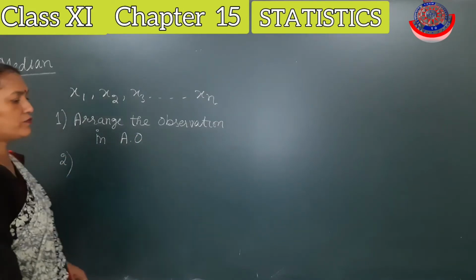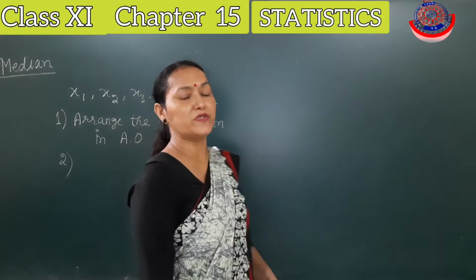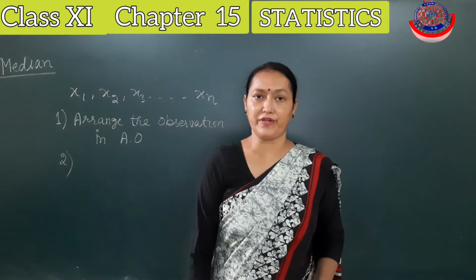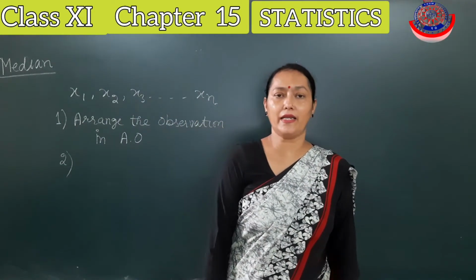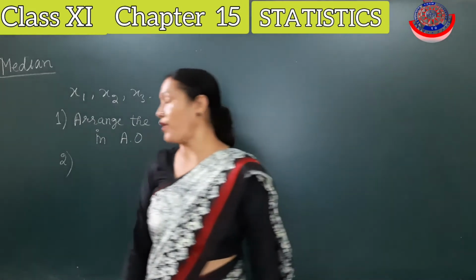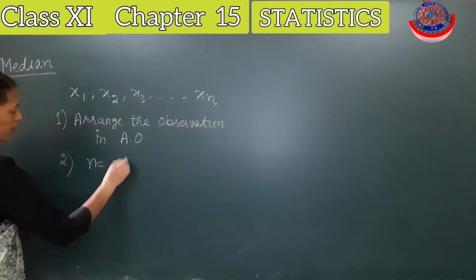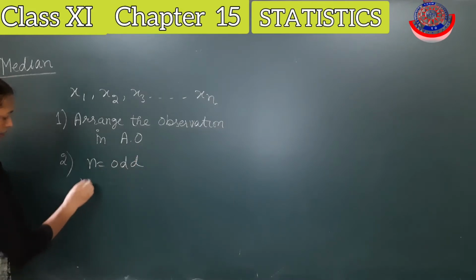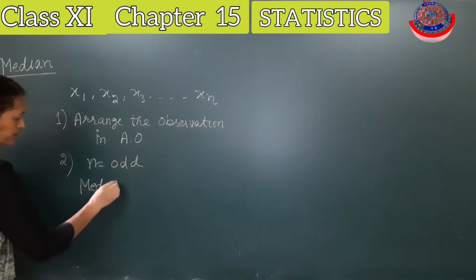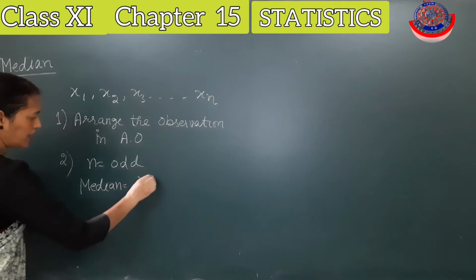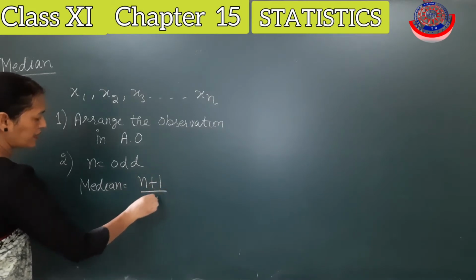Then we have to see whether the number of observations is odd or even. In case n is odd, then median is the (n plus 1) divided by 2 th term.